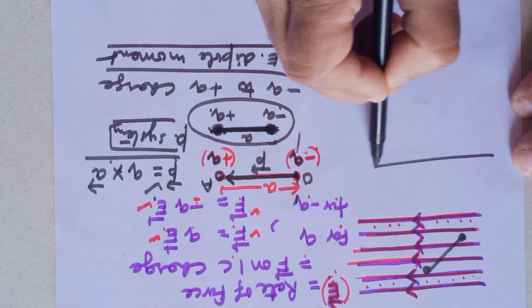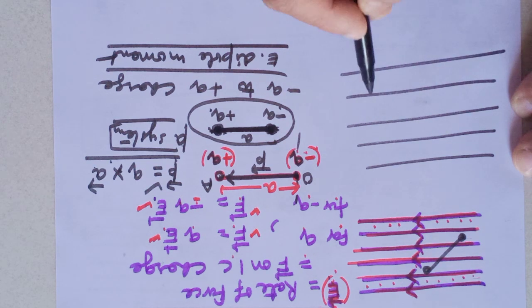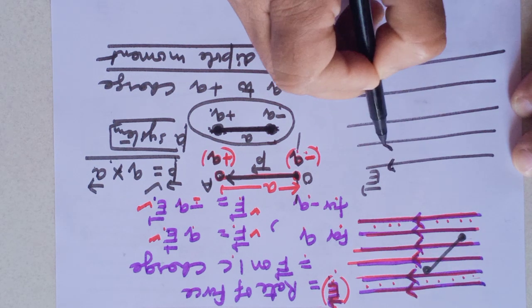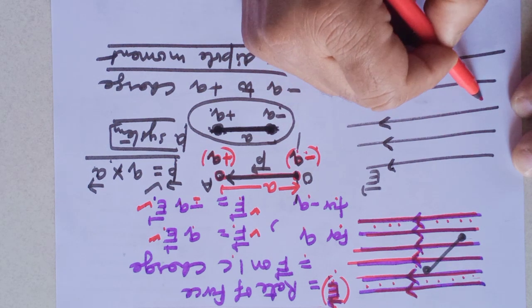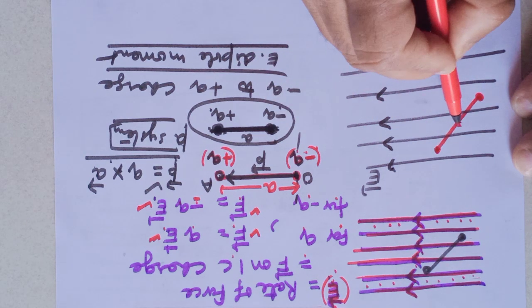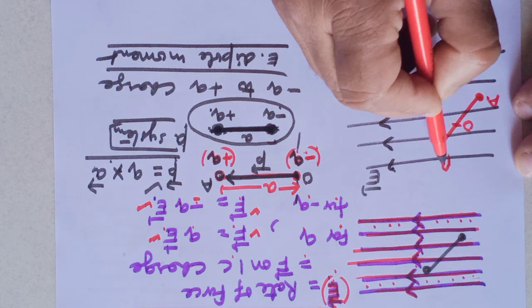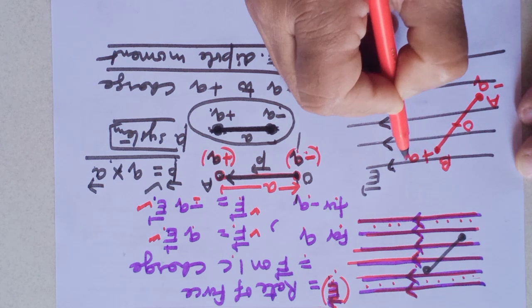Now let me draw another diagram for a clear view. This is the direction of the electric field. Now a dipole is put here. This is the center of the dipole. Suppose this is point A, this is point B. Minus q charge is kept here, plus q charge is kept here.